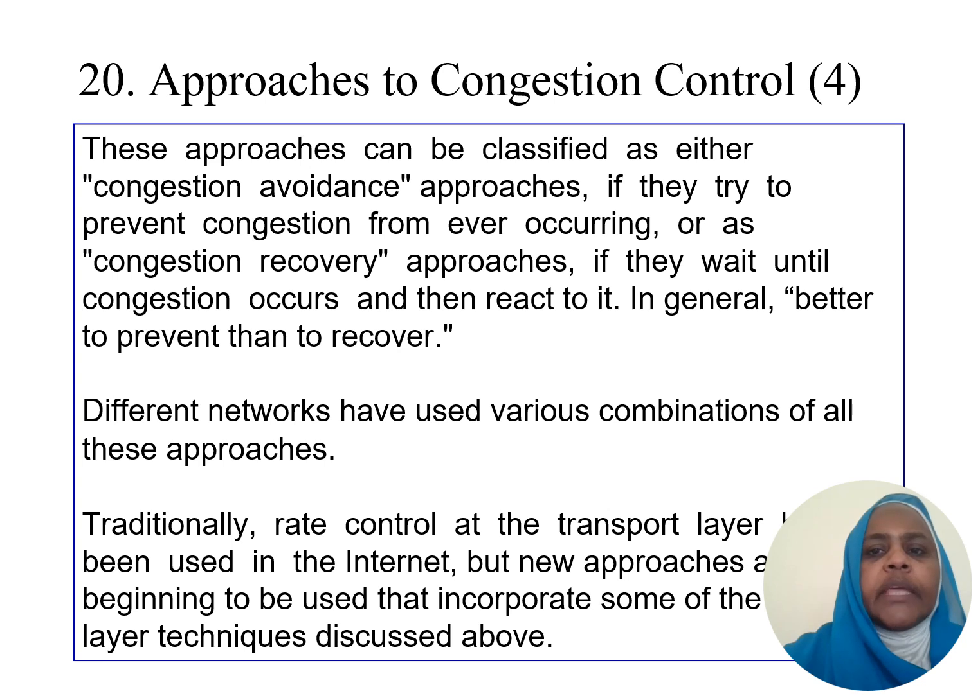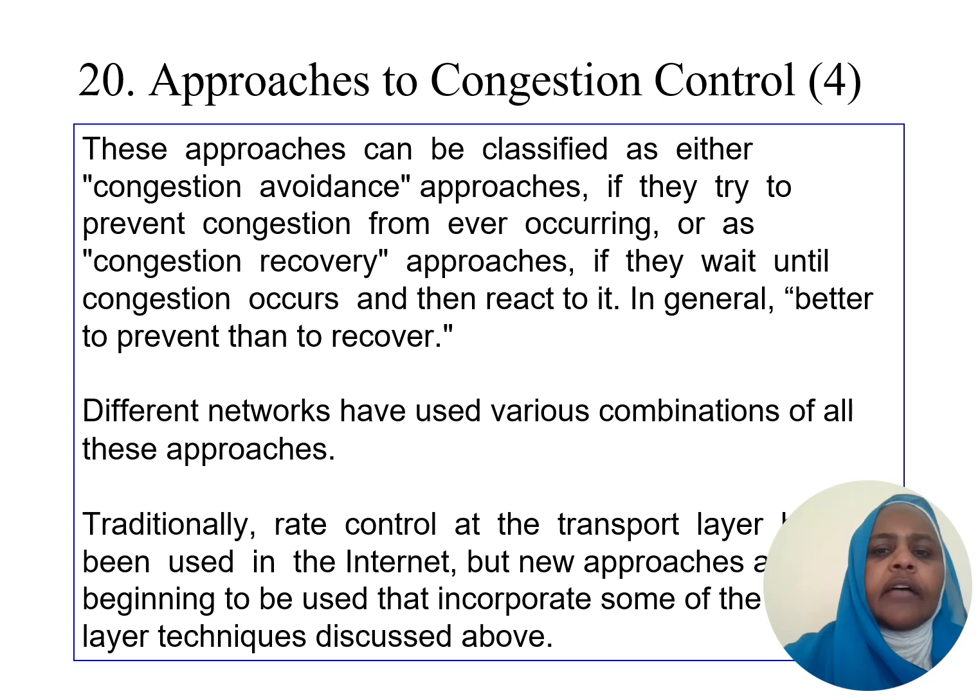These approaches can be classified as congestion avoidance, if they try to prevent congestion from occurring, or congestion recovery, if they allow the congestion to happen and then react to it. In general, it's better to prevent than to recover.